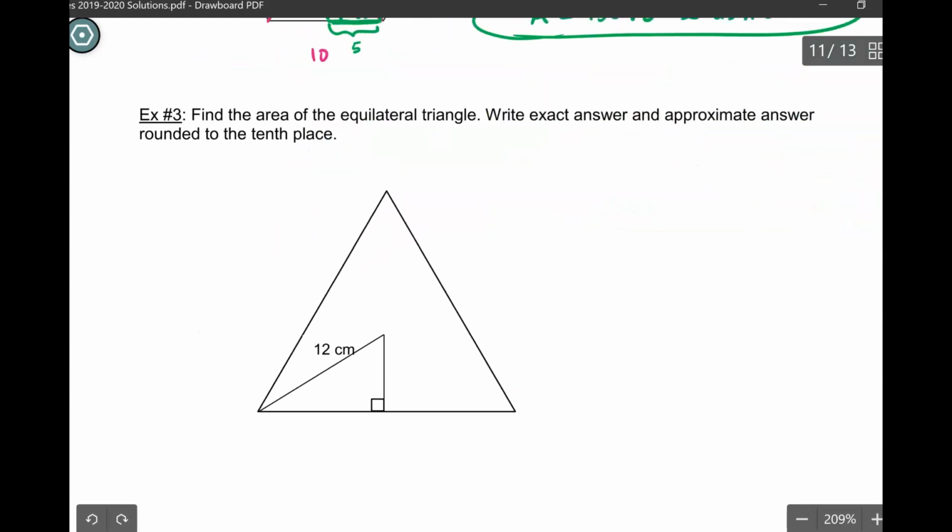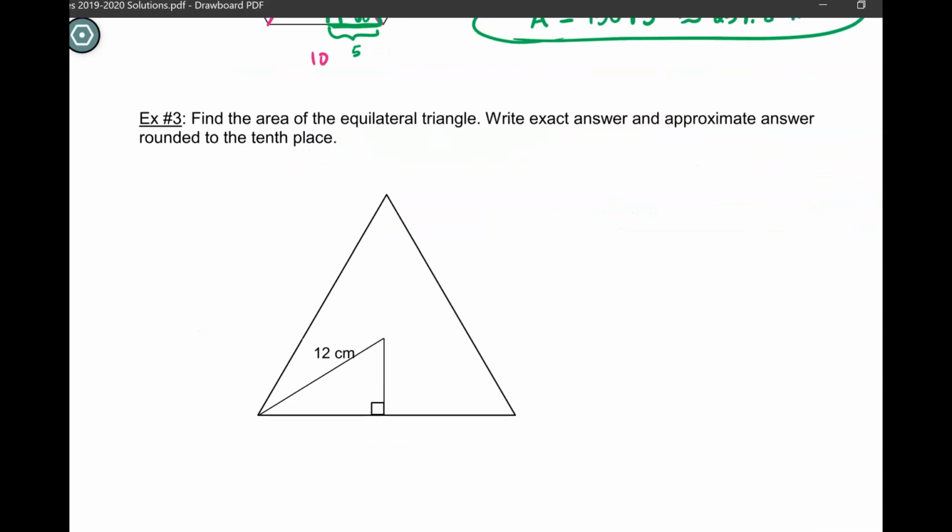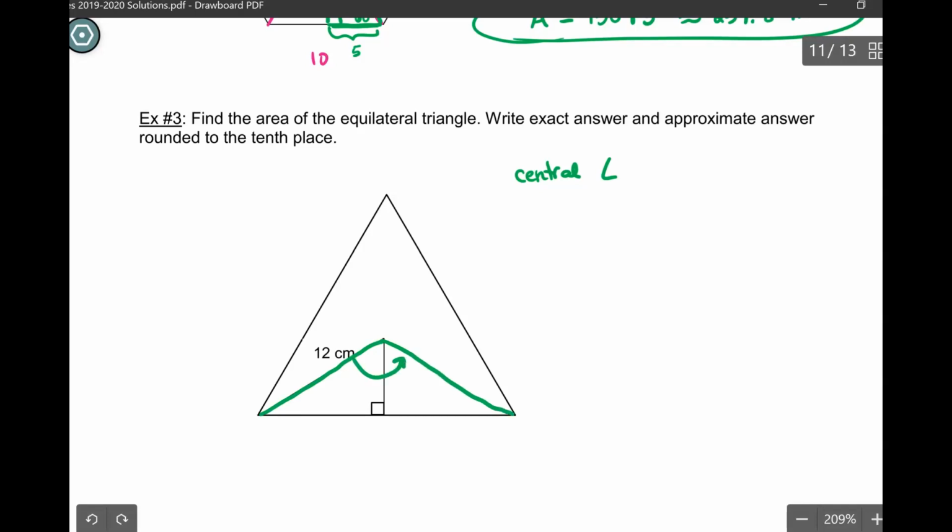Okay, last example for this lesson. I want to find the area of the equilateral triangle. Write the answer exact and approximate. Okay, so central angle. Now you'll notice there's a triangle already drawn, but this here is the central angle.